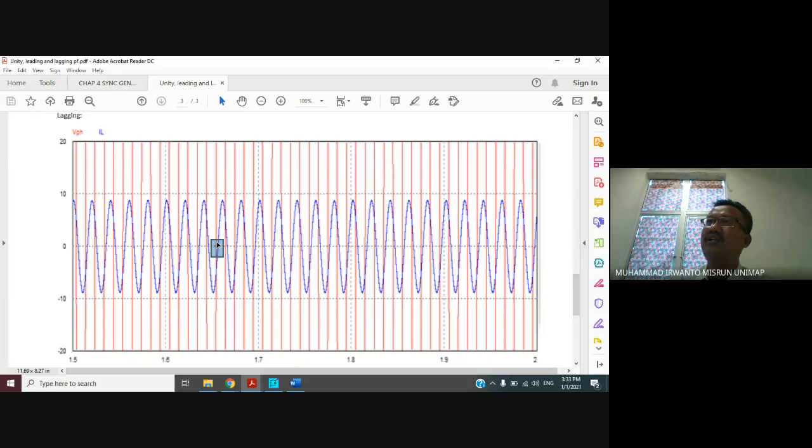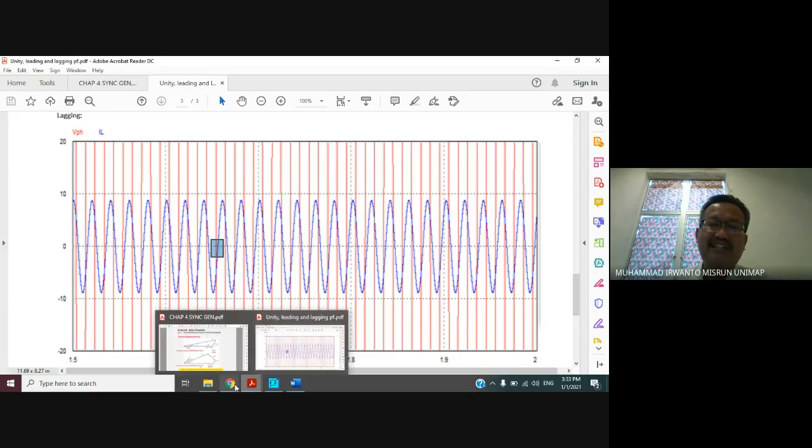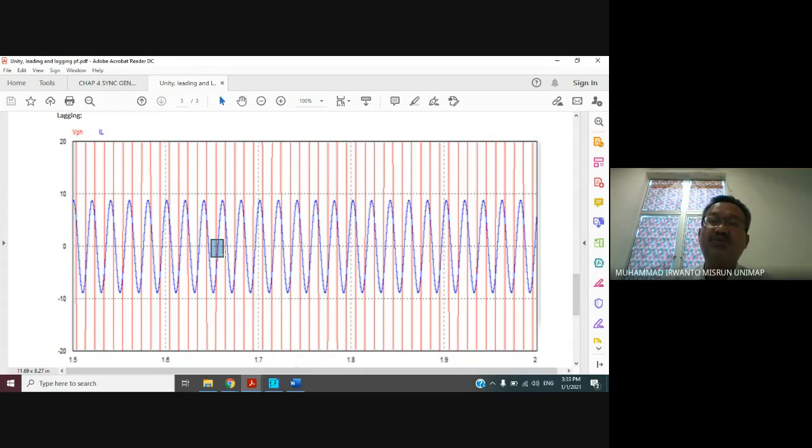So how many degrees? Find theta: theta is equal to cos inverse 0.8. That is how you find the angle. So that is for lagging if you draw it in the waveform.